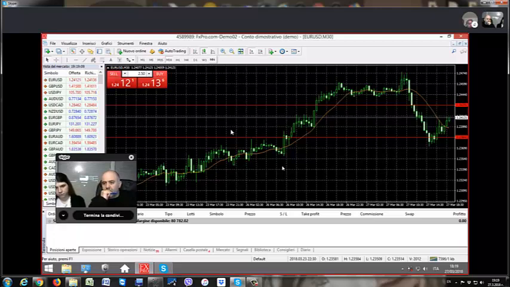We have three strategies. This is for professionals. In other words, suppose I think euro dollar during the news might go down. What I do, I'm flat inside this trading range. I think that the dollar is going to get power.